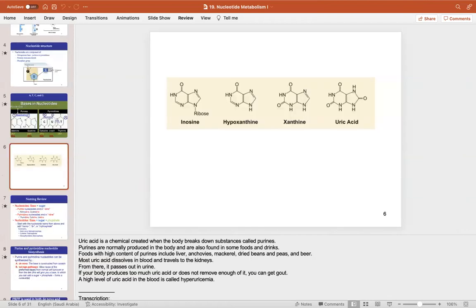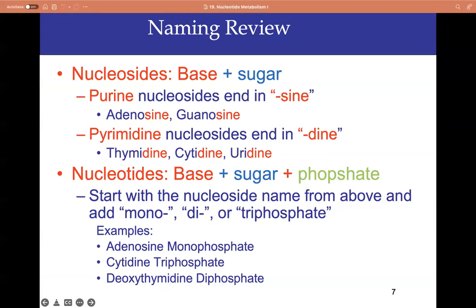So coming back to the naming, I went over this briefly earlier, but essentially a nucleoside is a base plus sugar only. Purine nucleosides will end in -sine, so adenosine, guanosine. What does this tell you? Adenosine, the name, tells you that this is a nucleoside and not a nucleotide, so there is no phosphate group here.